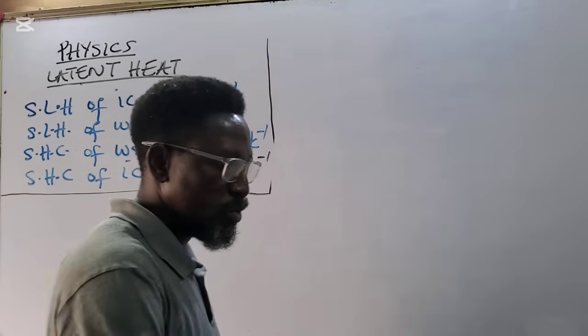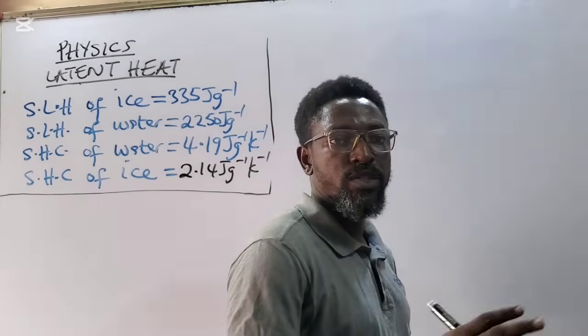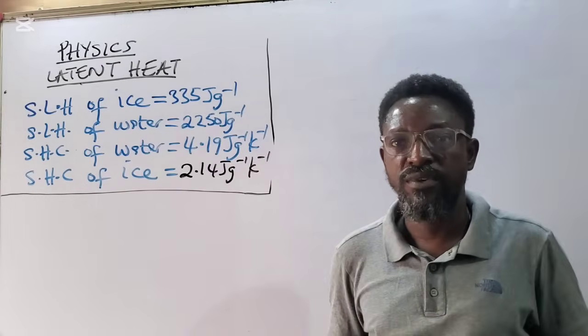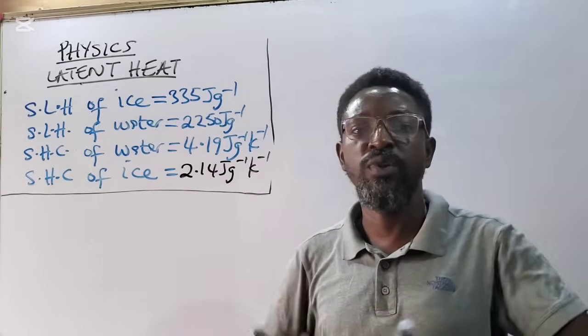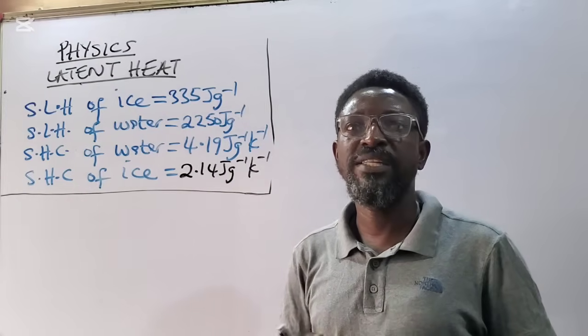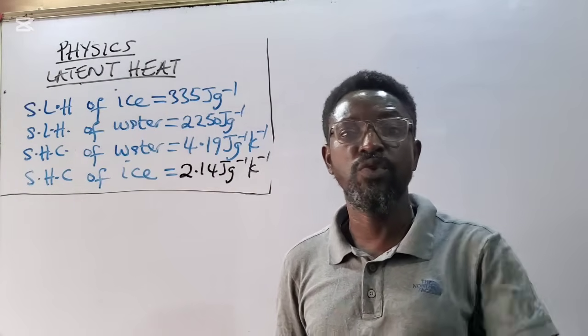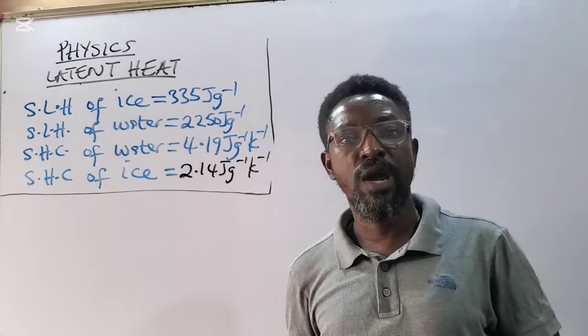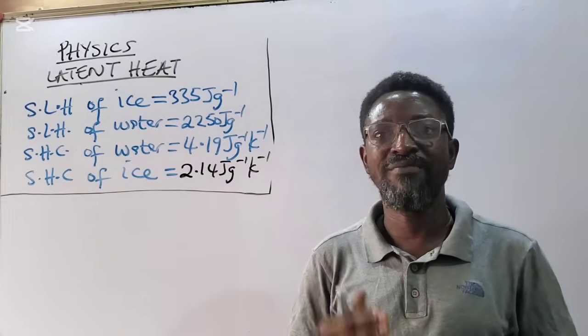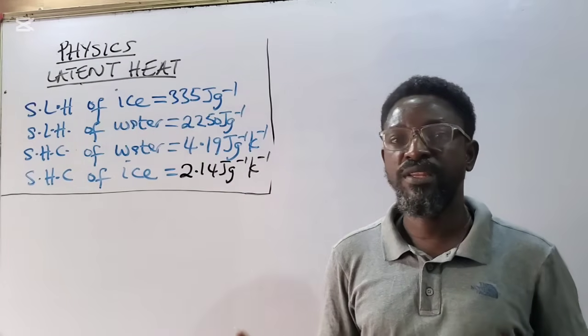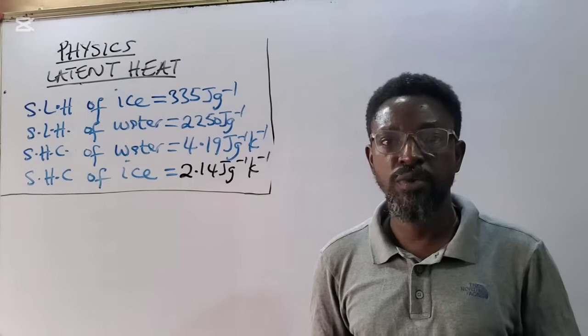You may need to do some conversion from gram to kilogram. Like I said, these parameters will always be given, so they will enable you to know if there's a need to convert from gram to kilogram or kilogram to gram. It depends on what you have in your question.